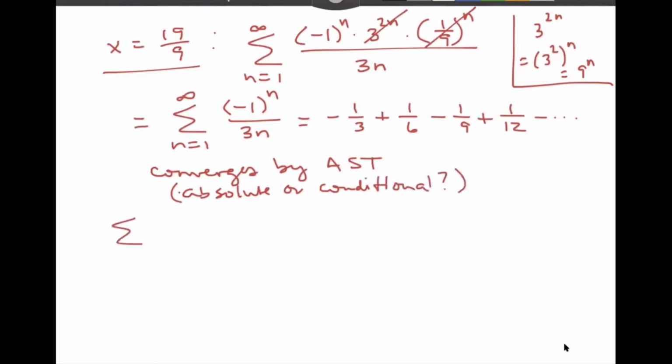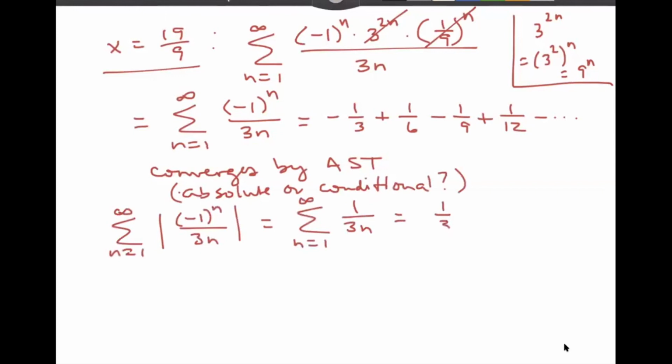Well, if you look at the sum n going from 1 to infinity of the absolute value, -1 to the n over 3n, that just gives you the sum n going from 1 to infinity of 1 over 3n. And that is just a multiple of our harmonic series.